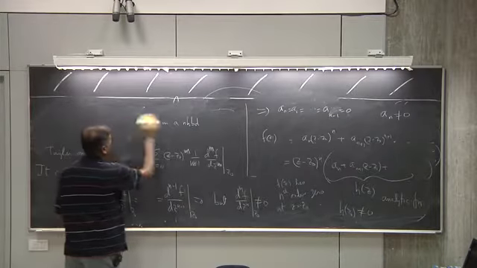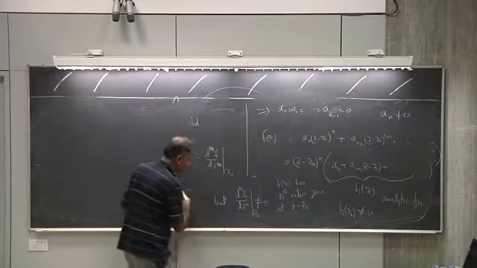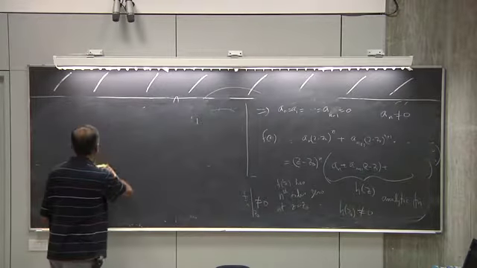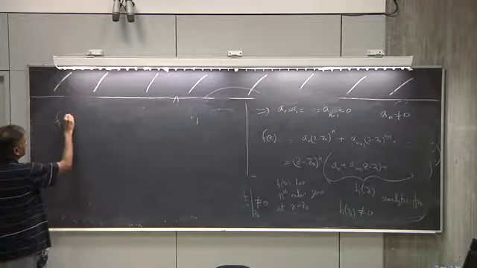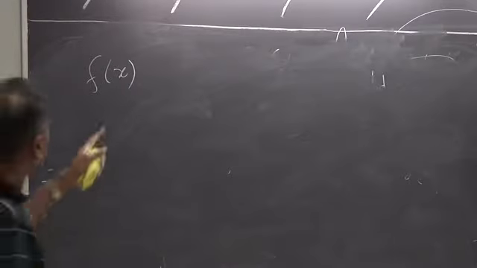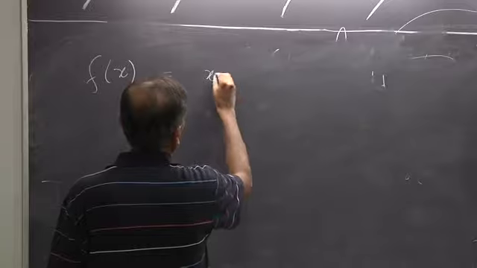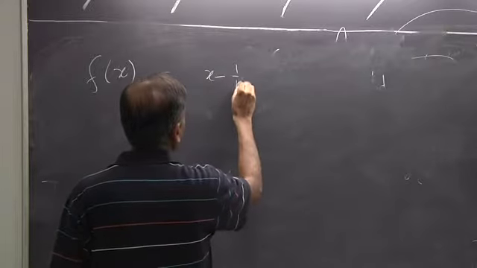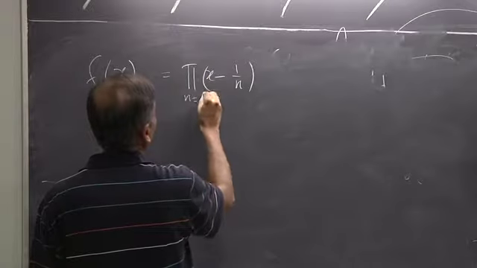So, in other words, let me try to explain. Suppose I find a function f, let us say in real variables, for example. Suppose I write it as the product of x minus 1 over n, n equal to 1 to infinity.